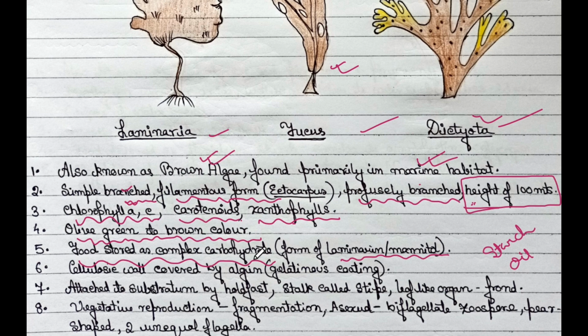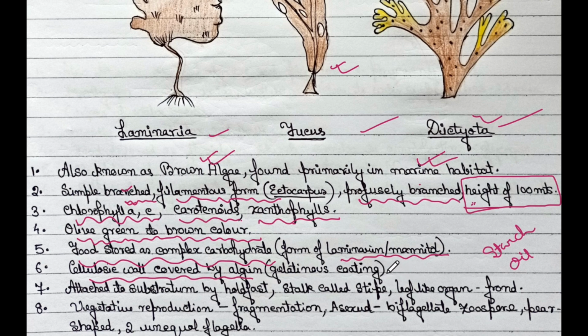Here we can see complex carbohydrate in Phaeophyceae. Here the cellulose wall is covered by algin, the same substance that I was telling in the importance.